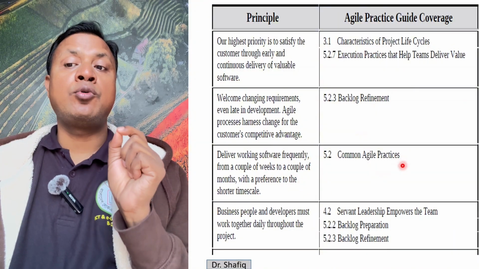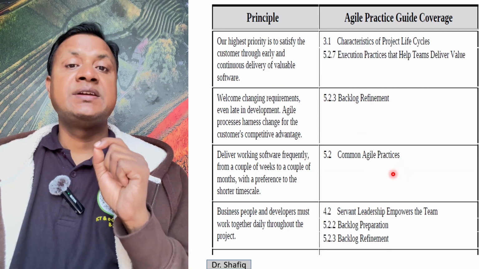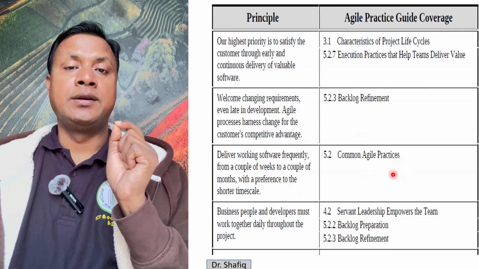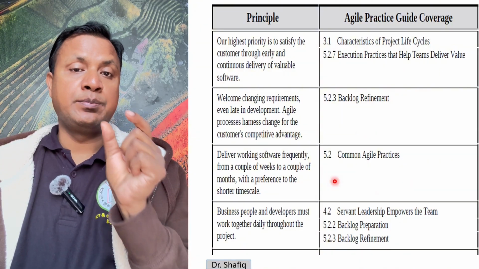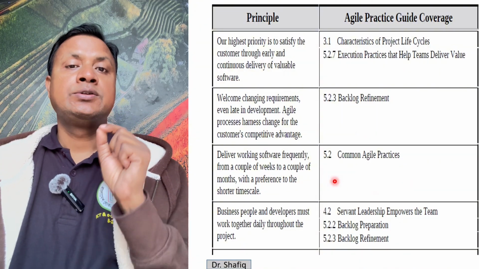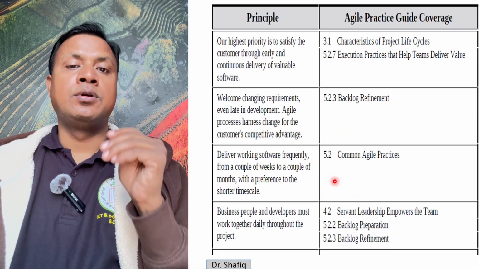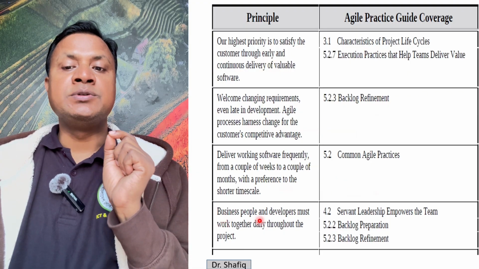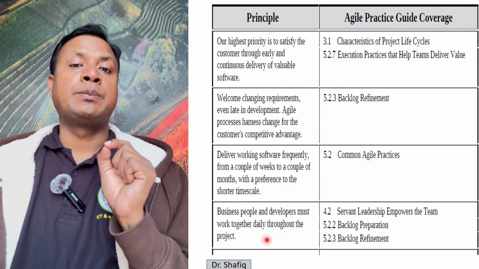So these are common agile practices like agile, scrum, iteration, and sprint. Deliverables are broken into pieces. So we deliver in multiple stages. Business people and developers must work together daily throughout the project.